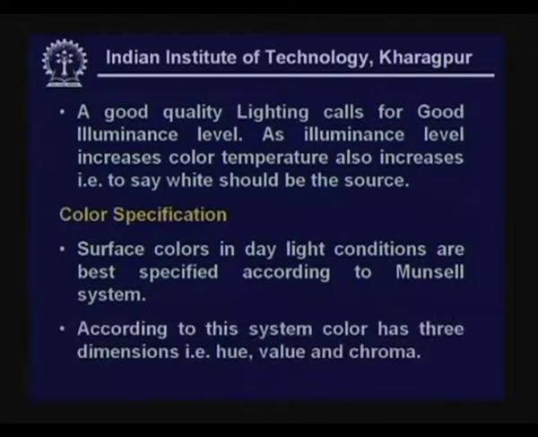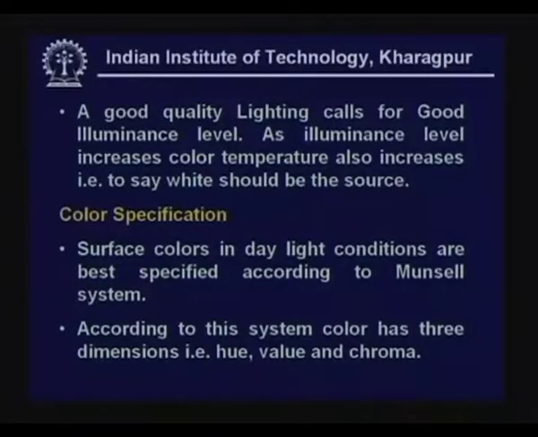According to the Munsell system, the color has three dimensions, which are called hue, value and chroma. So, we need now to look at how we go about specifying the color. In order to do that, one of the early methods was to use the Munsell system, and according to this it has three dimensions, that is hue, value and chroma.